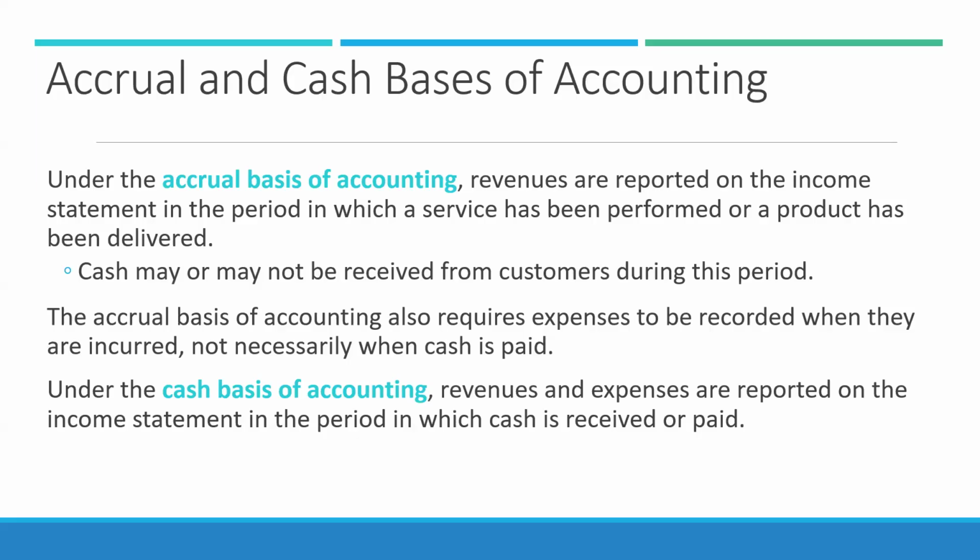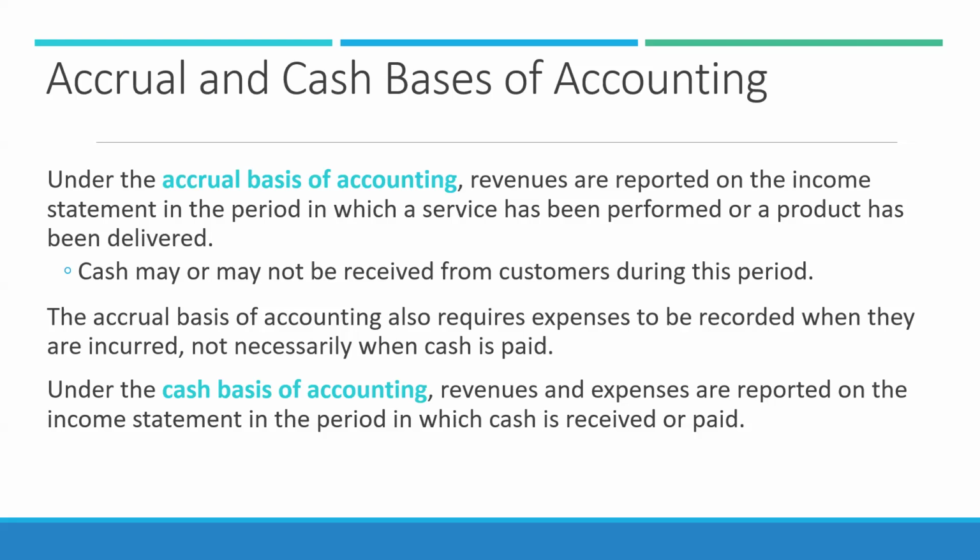So when we're dealing with the accrual basis of accounting, which is required by GAAP, generally accepted accounting principles, we record revenues when we earn them. Under the cash basis of accounting, which is way easier, revenues and expenses are recorded only when cash is paid.